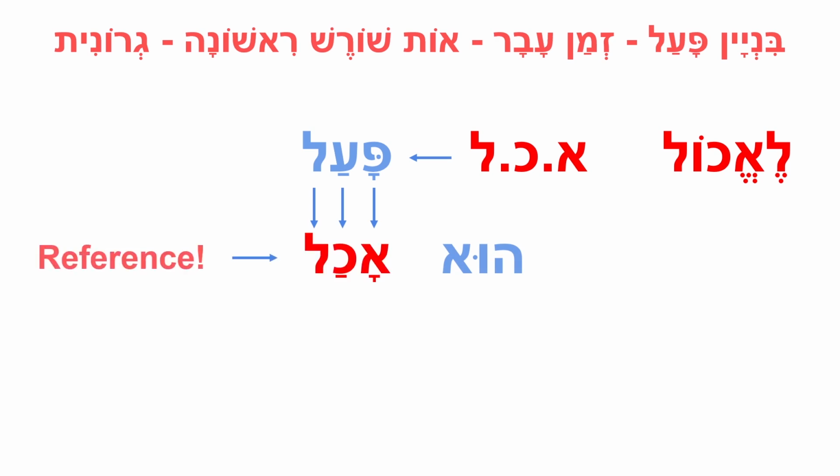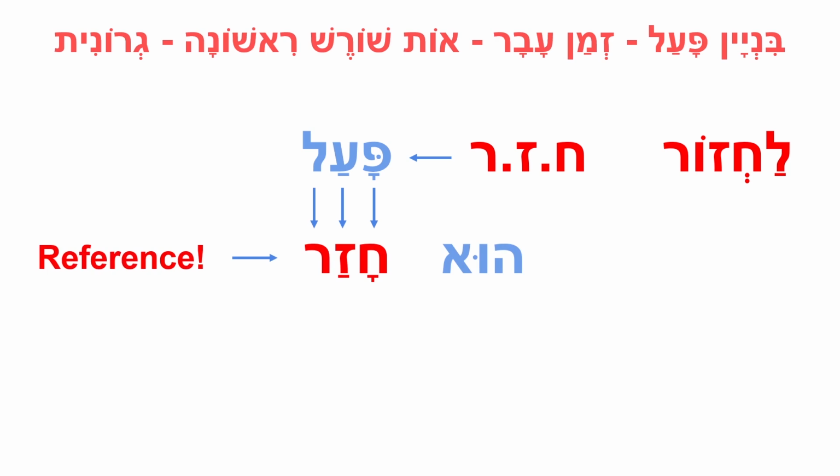So we will apply the root letters aleph, chaf, lamed into the name of the binyan and find out what he did. So it will be hu achal. Lachzor, to come back. The verb lachzor contains the root letters chet, zayin, resh, and the binyan is pa'al. Let's apply the root letters into the name of the binyan, and we'll find out what he did. Hu chazar, he came back. And this is the reference point.